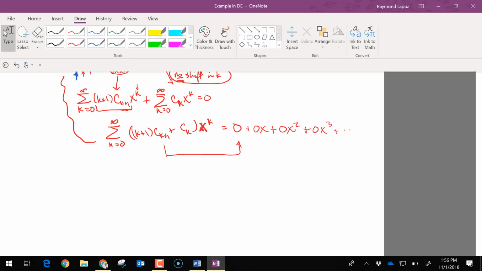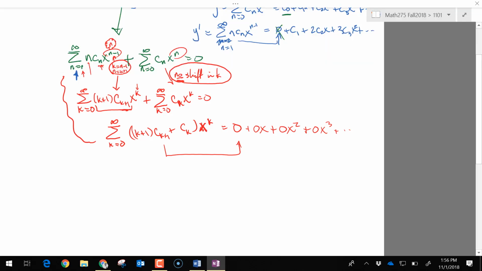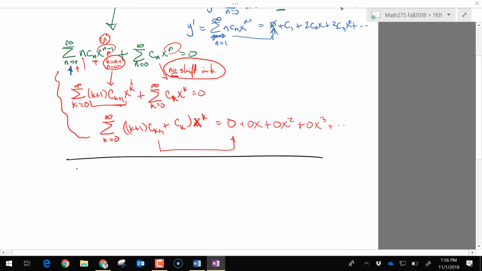So at this point, you shift over to do this problem where you need to figure out what happens when k plus 1 times c sub k plus 1 plus c sub k is equal to 0. So the way you're going to do that is solve for the larger c sub k.